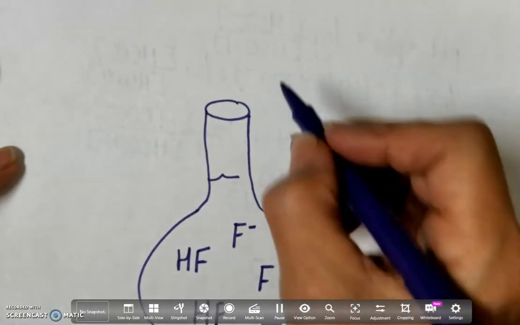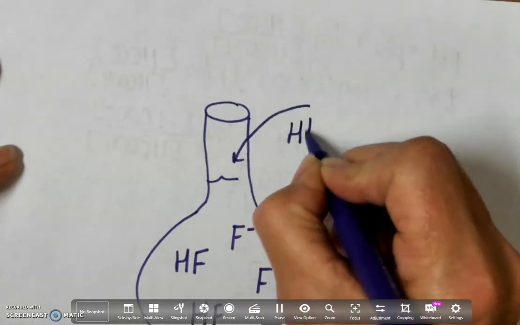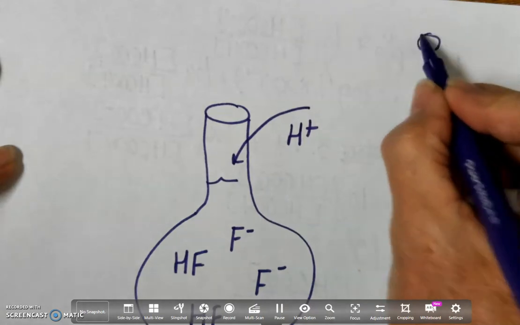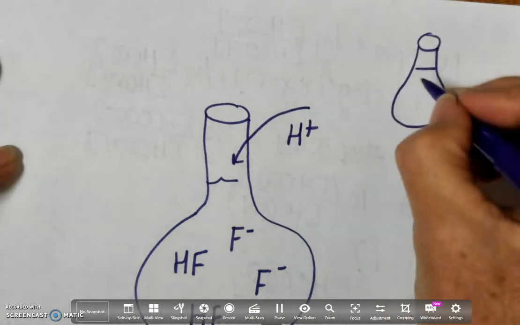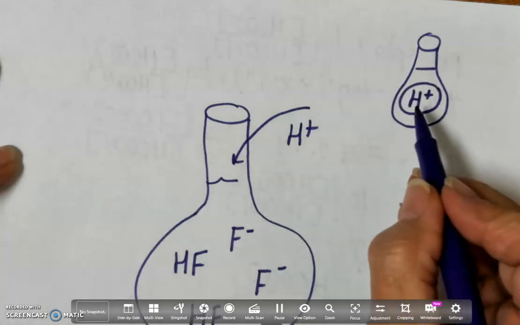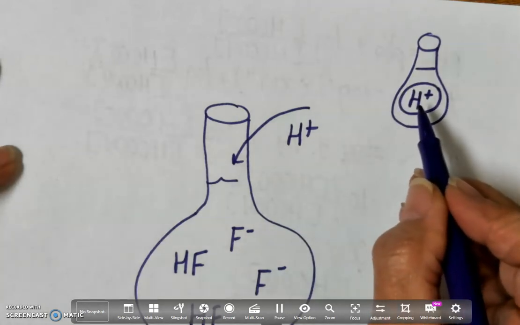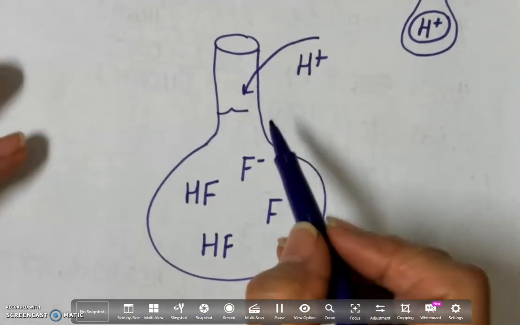Now I'm going to add some acid. Under normal circumstances, I'm bad at drawing these, if I were to add H, it would go into solution, that would be my acid, and the pH would be very low because that's dissociated. But that's not what's going to happen here.